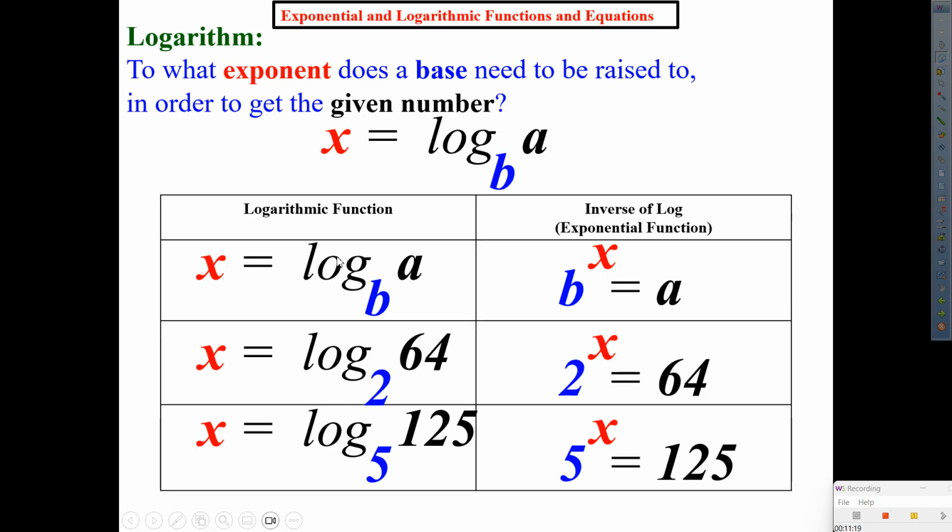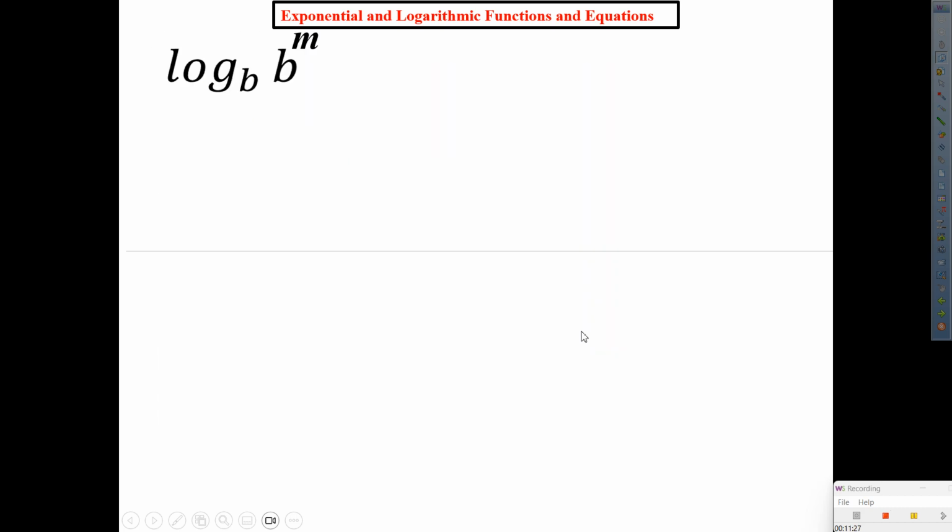All right, from there we did log to exponential and exponential to log. We did some of those. And on your paper, copy this, please. Log b to the n. And underneath, you're going to draw a line like this. Leave some space here because we're going to do stuff here.